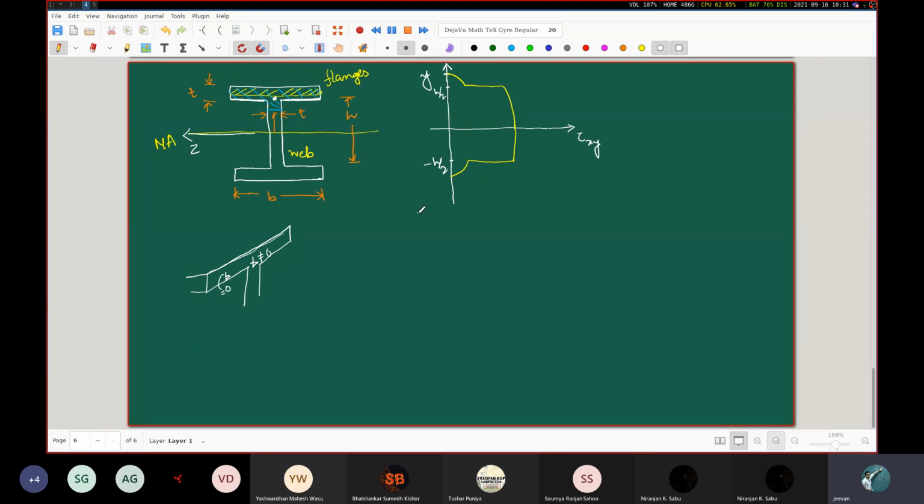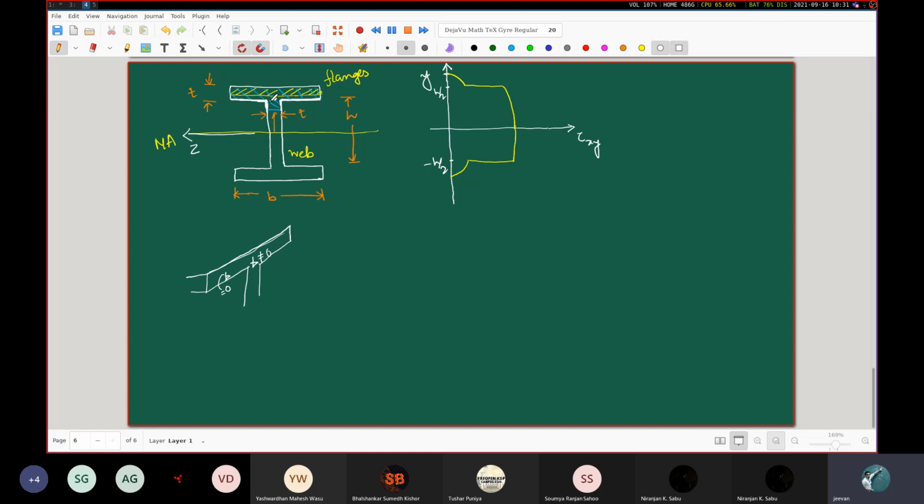Another very important thing to note here is that there is a very sharp corner present here. So if you actually solve for this using the theory of elasticity or other sophisticated methods, you will find that at this corner and at this corner, there is a significantly high value of tau xy, which is not captured by this particular theory that we have developed here.